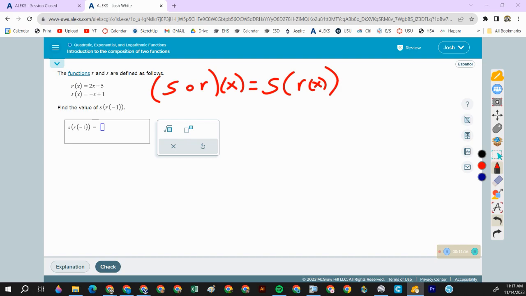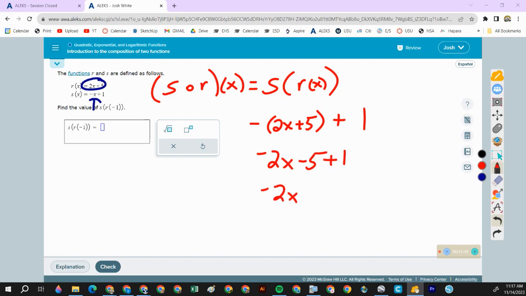So if I put R of X inside the S function, this is the S function, right? And the R of X looks like this. So that would be negative 2x minus 5 plus 1. So negative 2x minus 4. This is S composed with R of X.